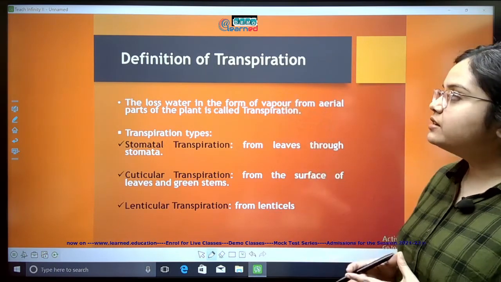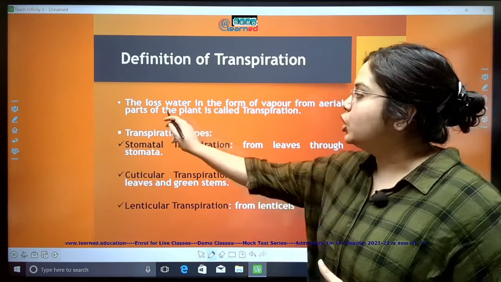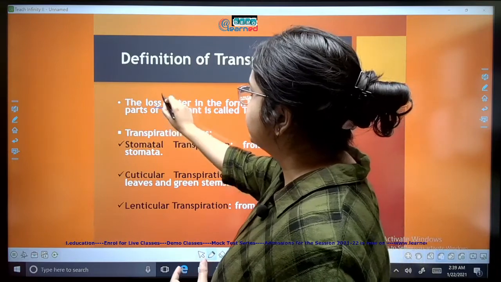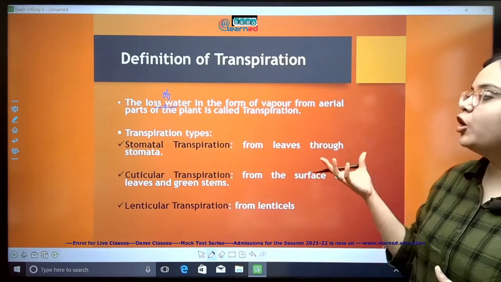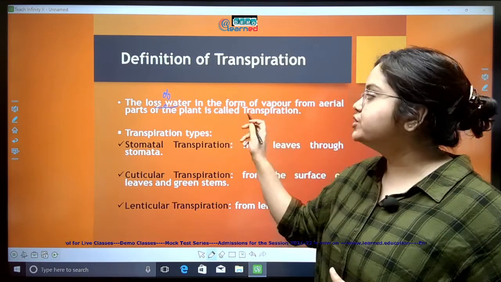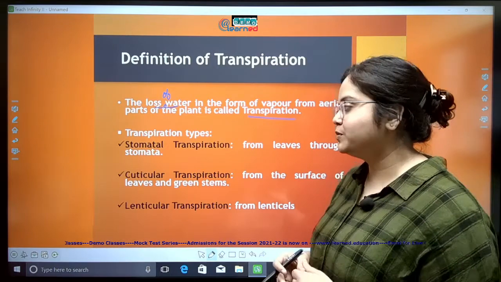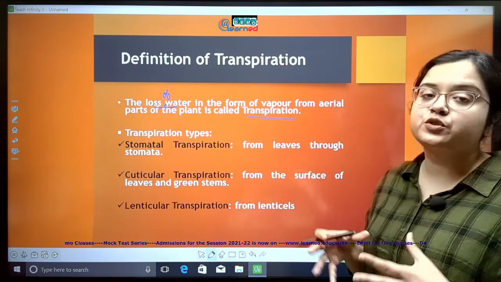What is, first of all, the definition of transpiration? Transpiration is the loss of water in the form of vapor from aerial parts of the plant. Any child will be able to tell you that. Now, what are the three types of transpiration?